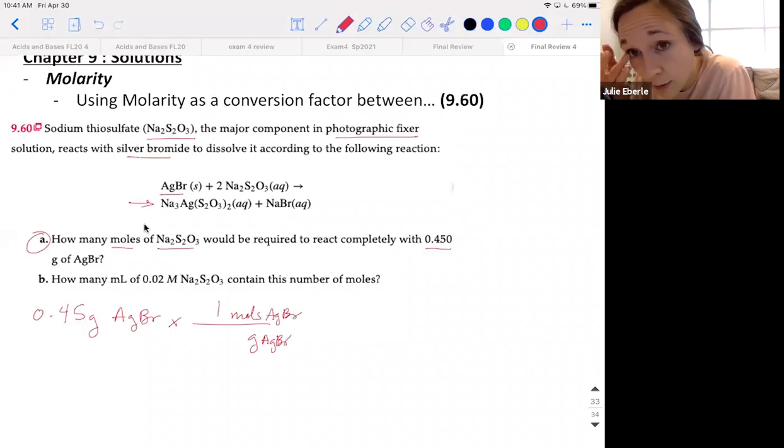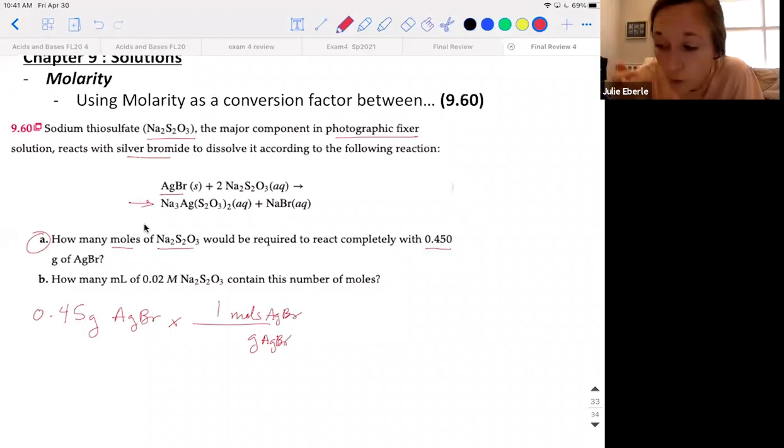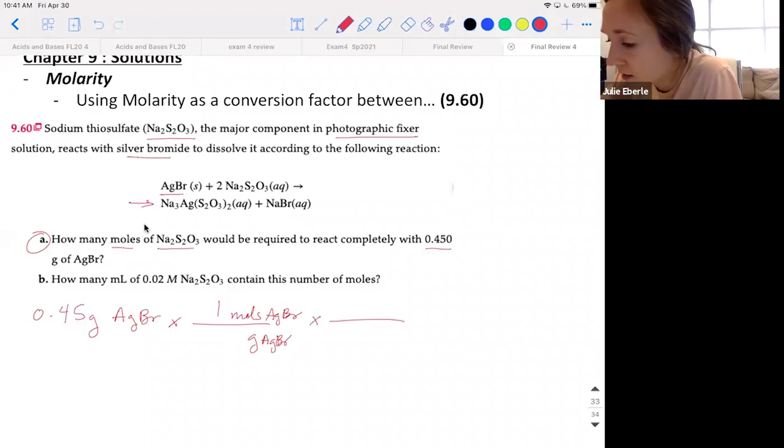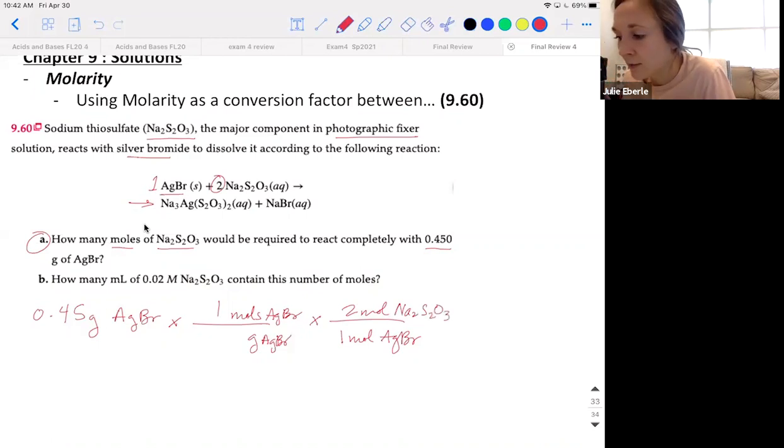And then I'm going to use a mole-to-mole ratio to convert moles of AgBr to moles of sodium thiosulfate. Looking at my mole ratio here, for every 1 mole of AgBr, it's 2 moles of sodium thiosulfate. So for every 1 mole of AgBr that's going to go on bottom will be 2 moles of Na2S2O3. Okay, there's my mole-to-mole ratio.